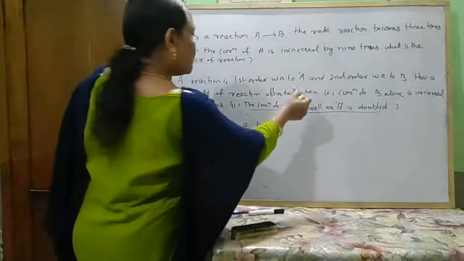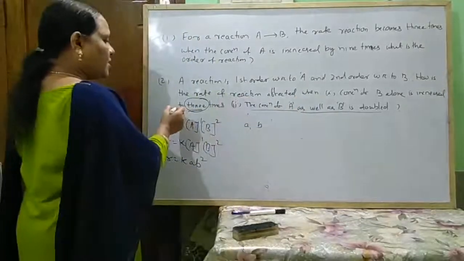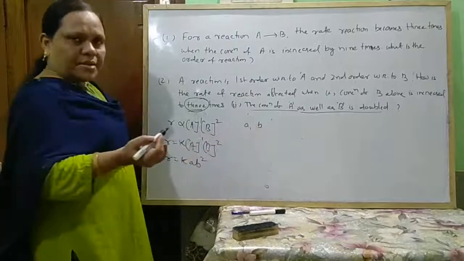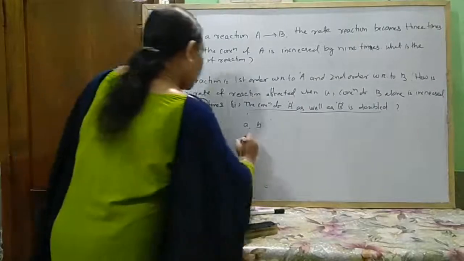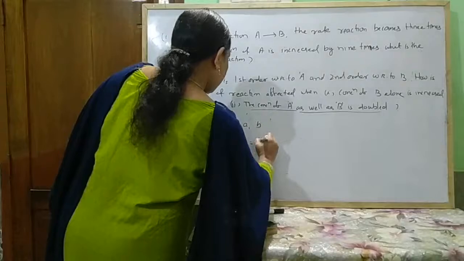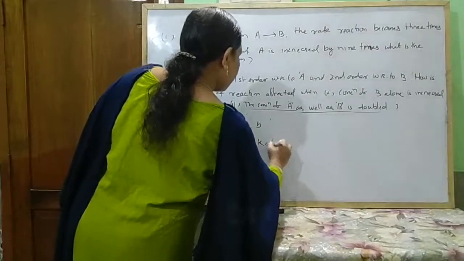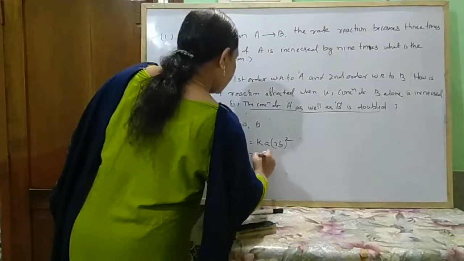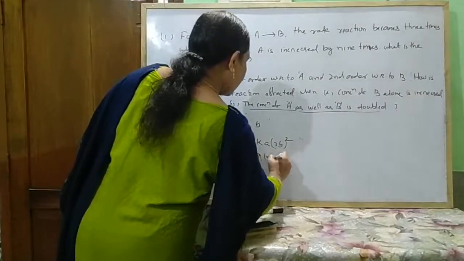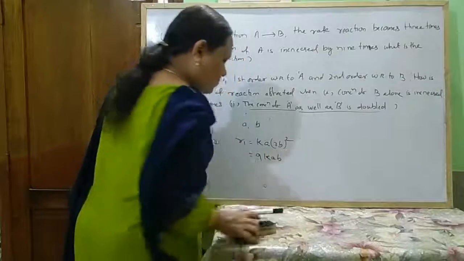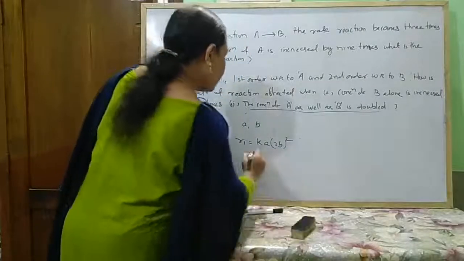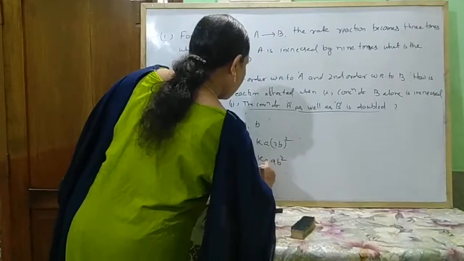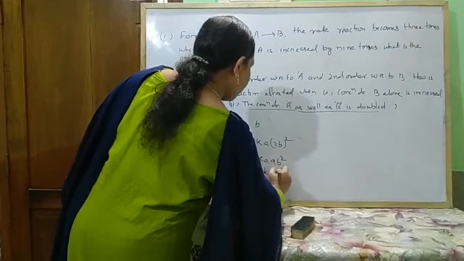Okay. So the first case: the concentration of B alone is increased to 3 times. That means if B moles is given, 3 times means 3B. So now R1 equal to K A (3B) square. So 3 square is 9, that is equal to 9 K A B square.